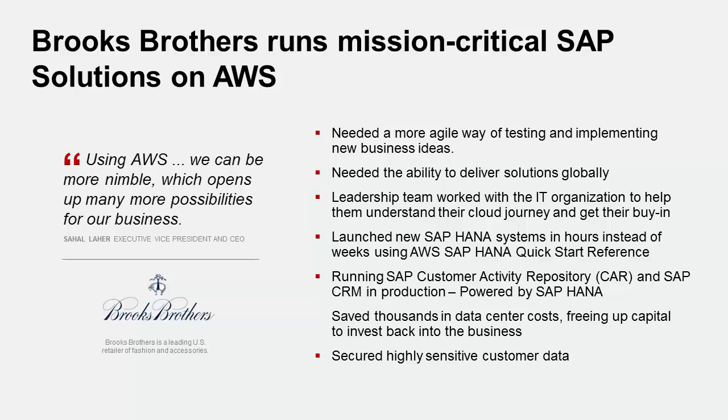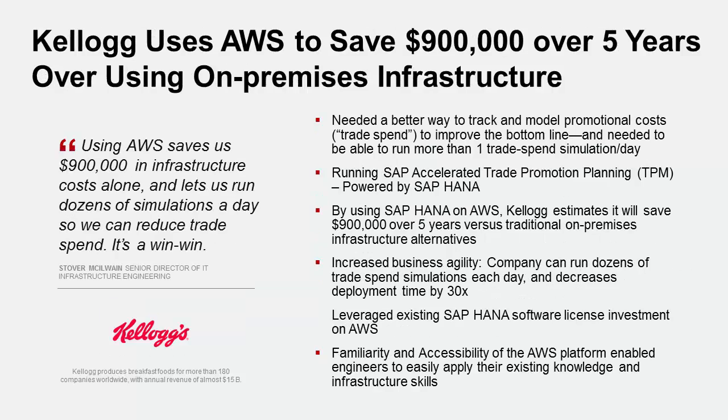They estimated that they saved thousands of dollars in data center costs, freeing up capital to invest back in their business, and AWS provided them speed and agility for this project that would not be possible with their existing on-premises infrastructure.